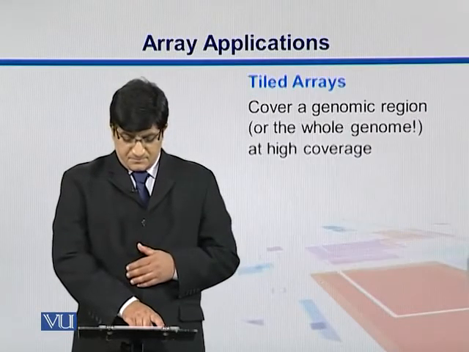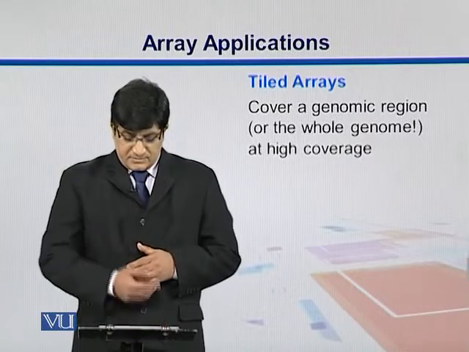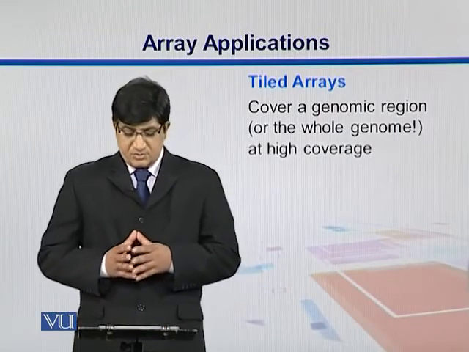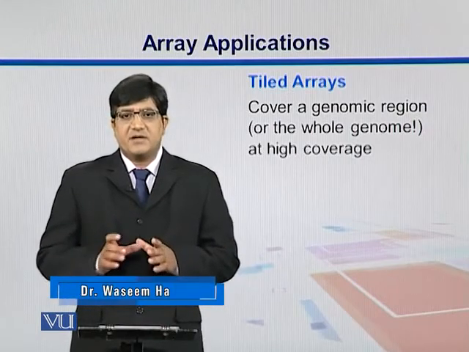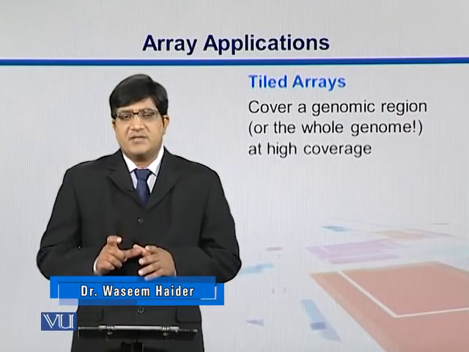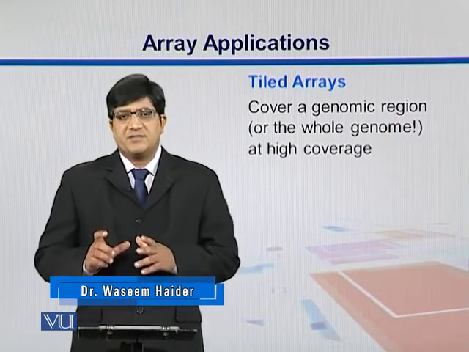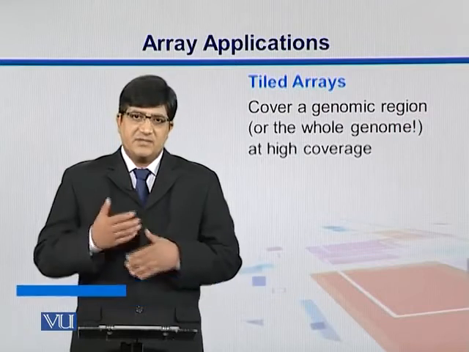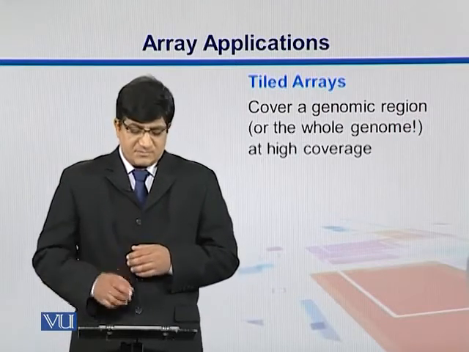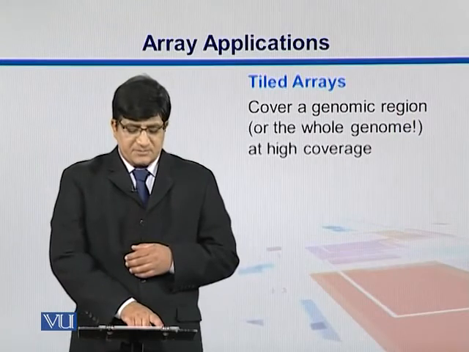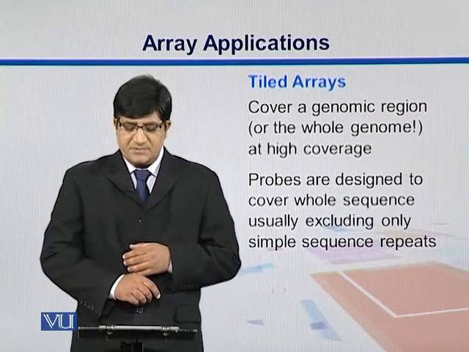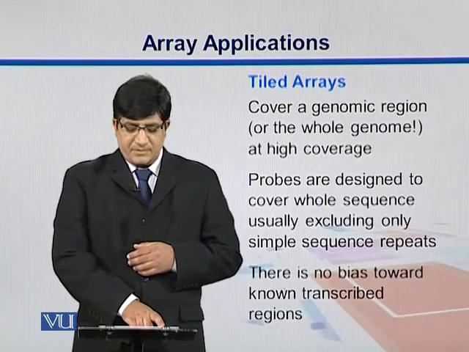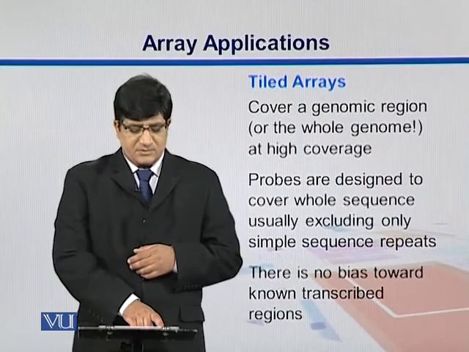As array features. In tiled arrays, we cover the genomic regions or whole genomes at a high coverage. So we have a large number of tiles, or small segments, covering the whole genome, so we can capture them and have an idea about the overall sequence of that whole genomic region. Probes are designed to cover the whole sequence, usually excluding only simple sequence repeats, and there is no bias here towards the non-transcribed region.